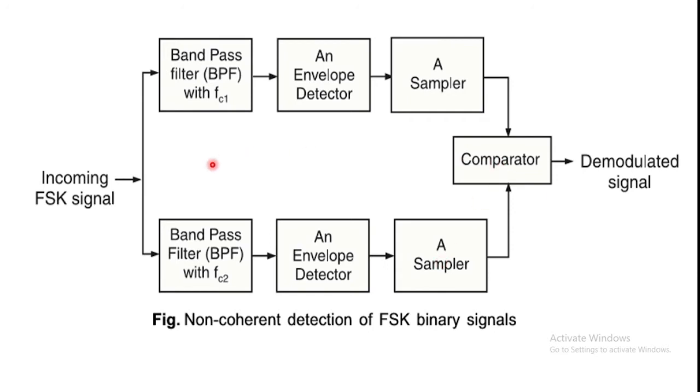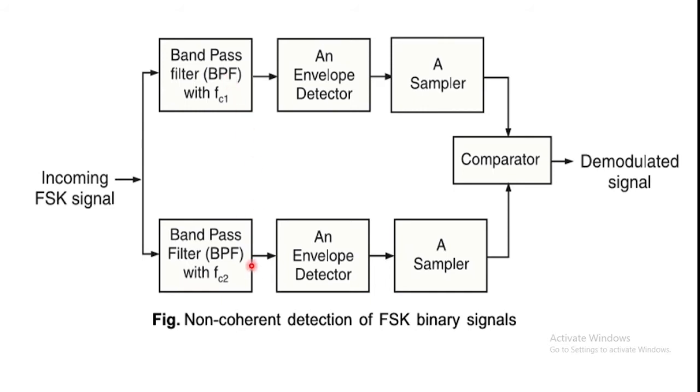So binary FSK wave may be demodulated non-coherently by using envelope detector. This is the received FSK signal. The received FSK signal is applied to a bank of two bandpass filters. This bandpass filter is tuned to frequency FC1 and this bandpass filter is tuned to frequency FC2.